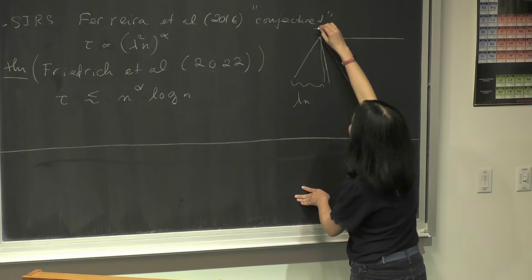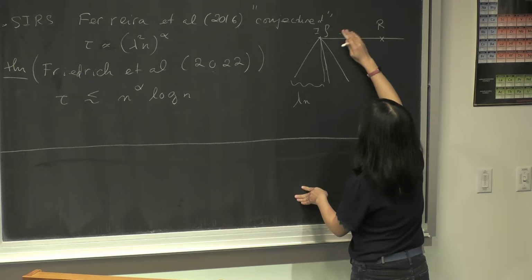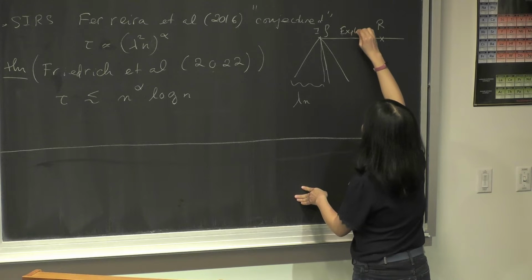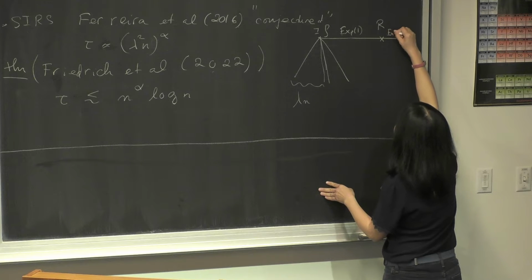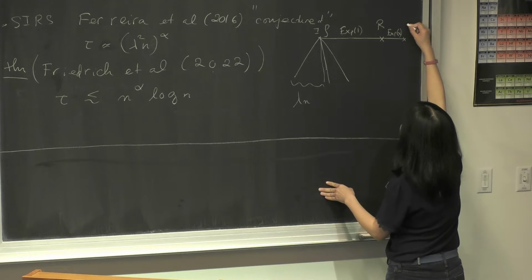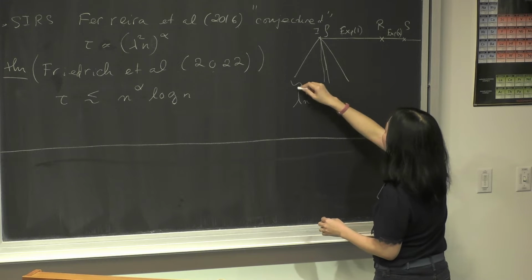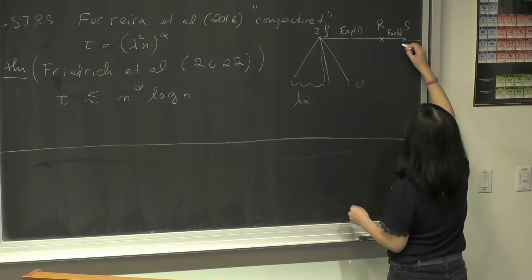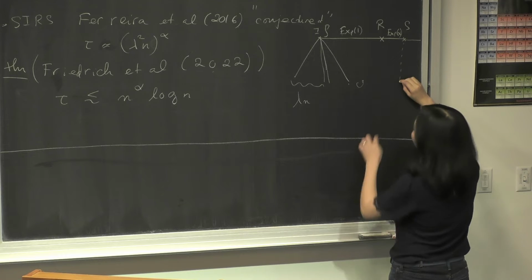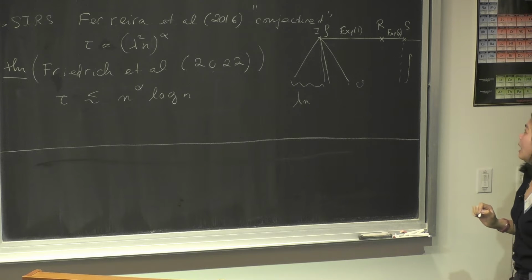So, firstly, the root is infected, and then it will recover during an exponential time 1. It stays immune during an exponential alpha time, and then becomes susceptible again. Now, during this time, this guy will try to recover. And then when the root is susceptible again, the ones that remain infected will try to reinfect the root.